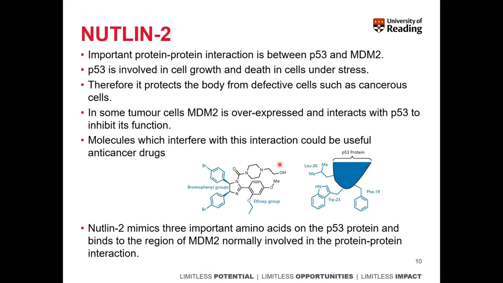And so if we introduce nutlin-2, we can use this to block the region of MDM2 that normally interacts with p53 and allow p53 to perform its normal function. However, this is a very complex process, and drugs which block protein-protein interactions are quite unusual and quite rare.